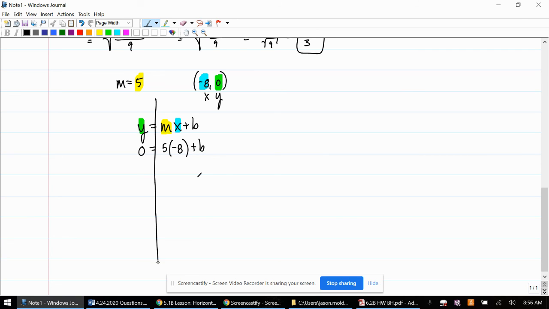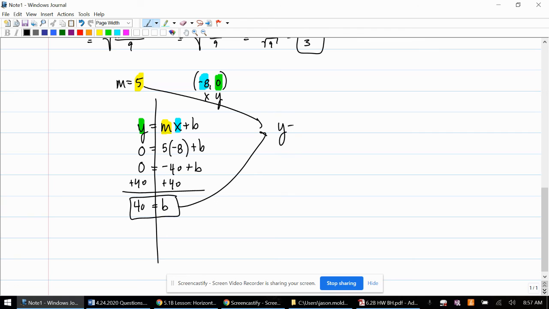Then we have an equation, and we are going to solve or isolate B. If you'd rather flip this whole equation, if that's helpful, you can. 5 times -8 is -40 plus B, and we'll move the 40 to the other side. And that's what is known as solving for the equation of this line. And we put this together to be y equals 5x plus 40.